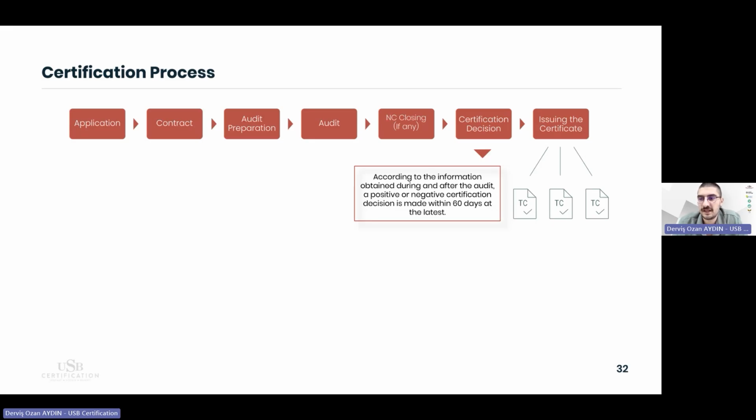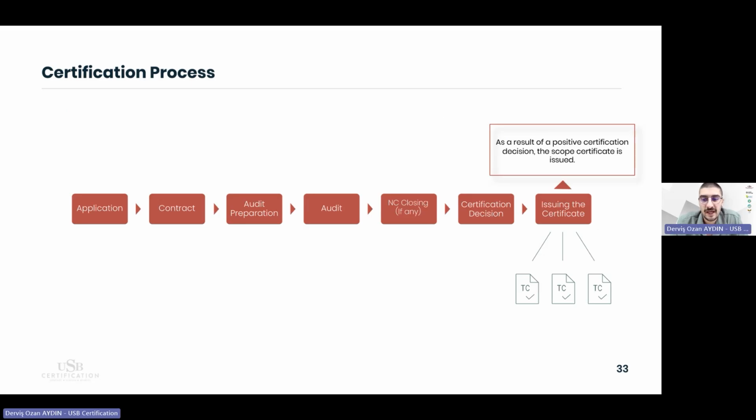If a company fails to close a non-conformity, the certification decision can be negative. But if the organization complies with all standard requirements, the certification decision will be positive. And all certification decisions have to be made within 60 days from the closing meeting of the audit.